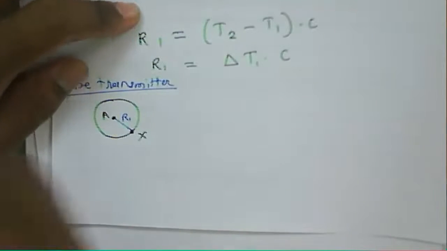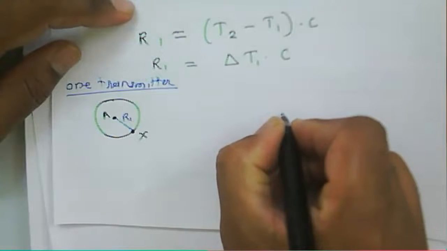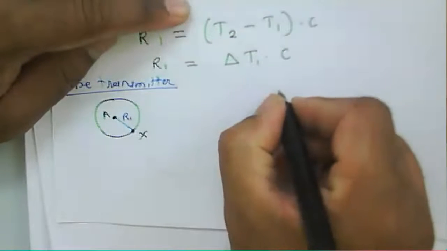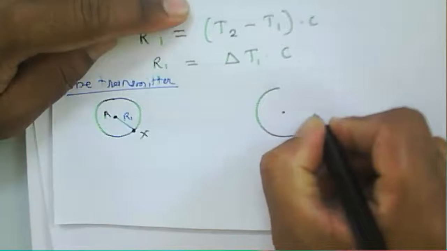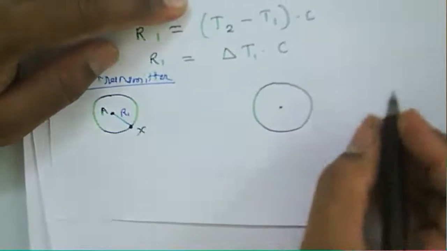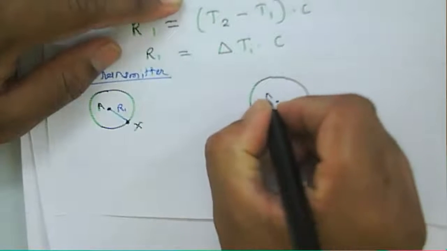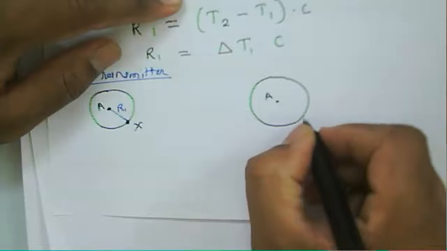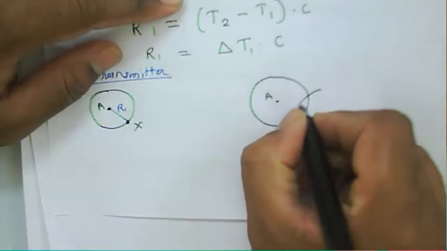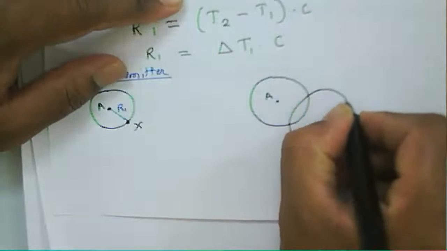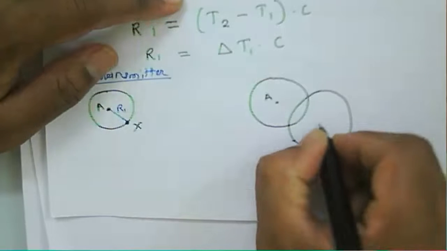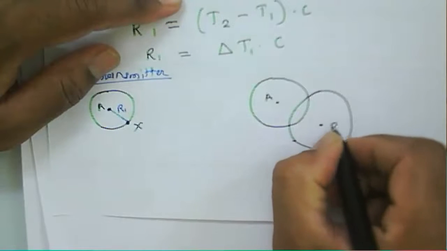Now if we have another transmitter, A is one transmitter and another transmitter, B, here.